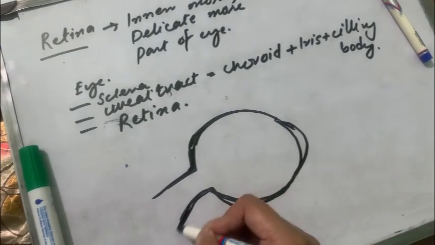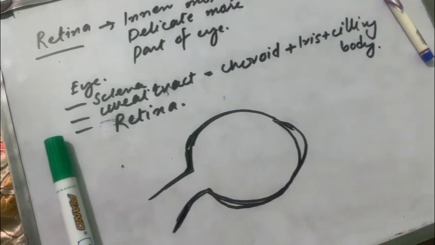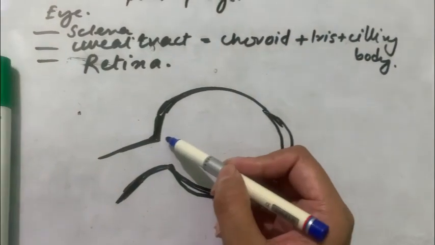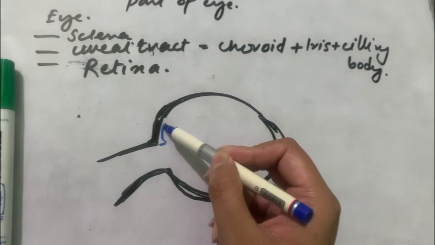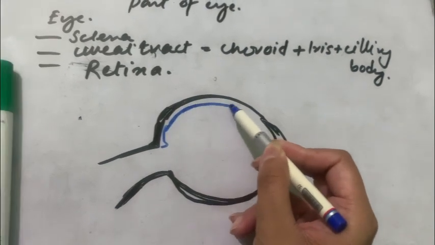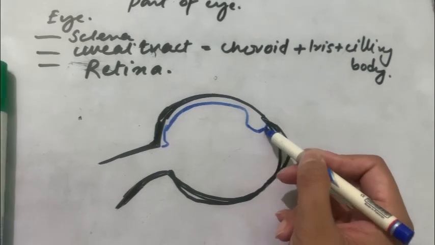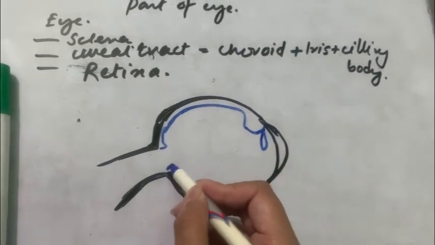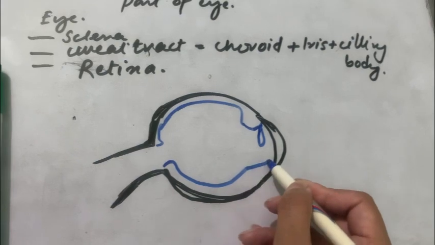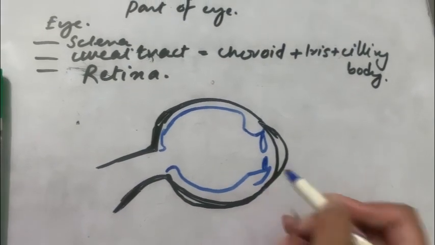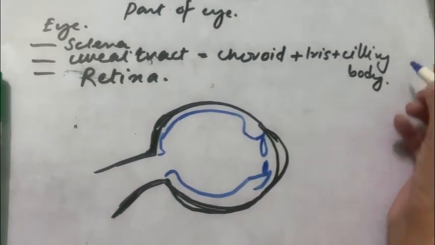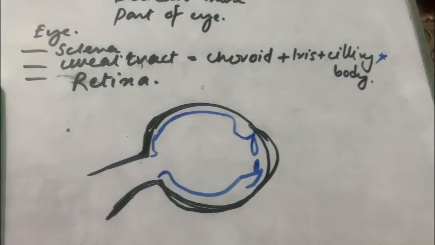Drawing the second layer, the second layer is choroid, that includes ciliary body, iris, and the same goes on this side, ciliary body and iris, and this is basically the uveal tract.